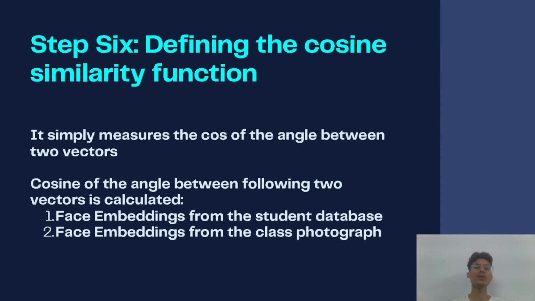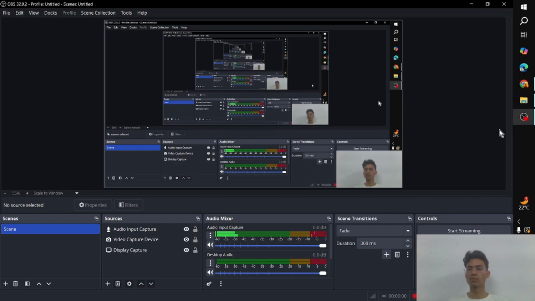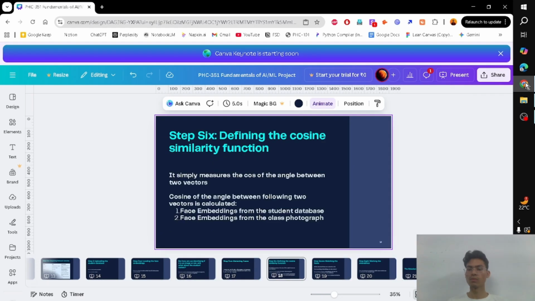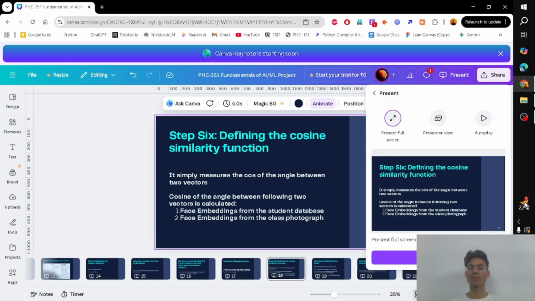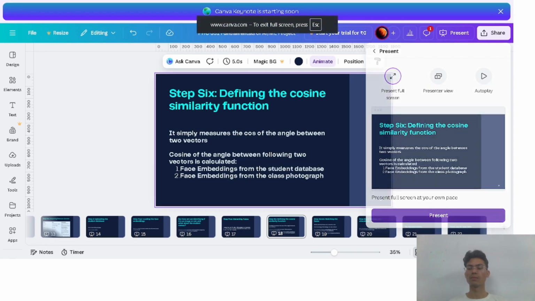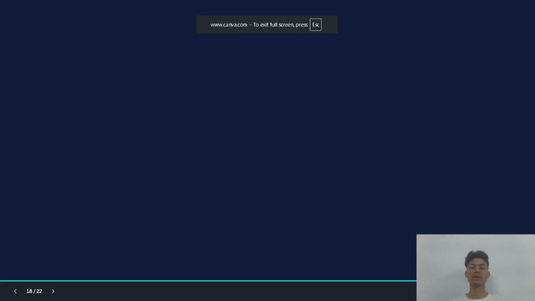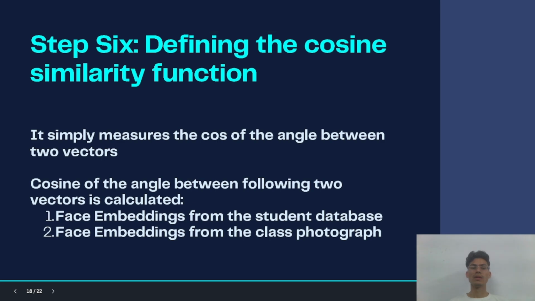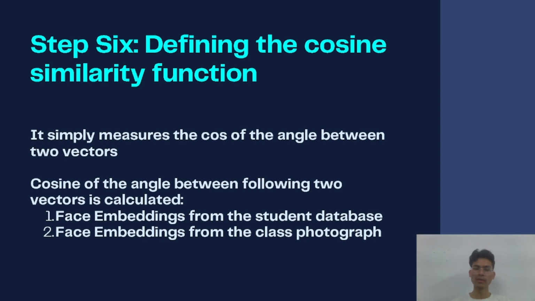Now talking about step 6, we define a cosine similarity function. What is the cosine similarity?